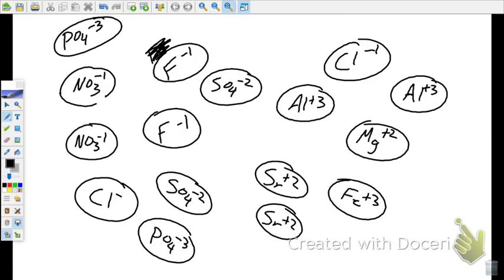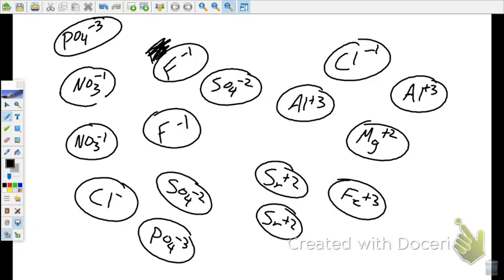SO4 means we have 4 oxygens and 1 sulfur. Originally that had 30 electrons. How many electrons does SO4 have now? It has 32, because it brought in 2.